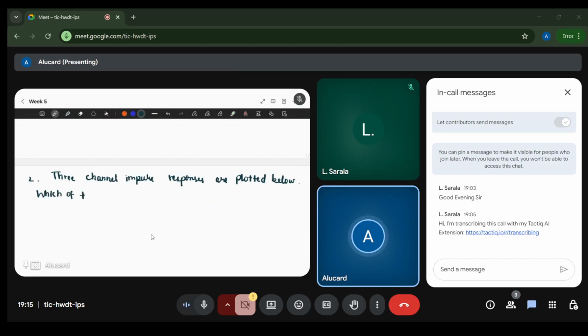Which of the channel impulse responses corresponds to the channel with the smallest bandwidth?